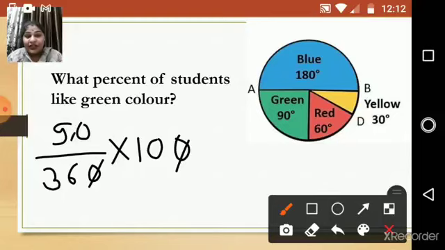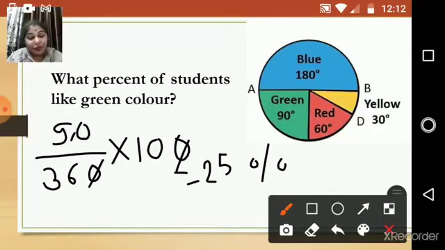Further solve it, children, and you will find the percent. When you solve it, 90 upon 36 multiplied by 10, you will get 25%. So such types of questions can come.